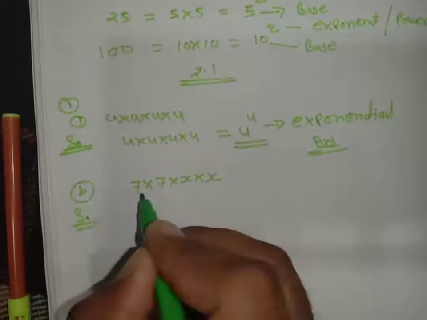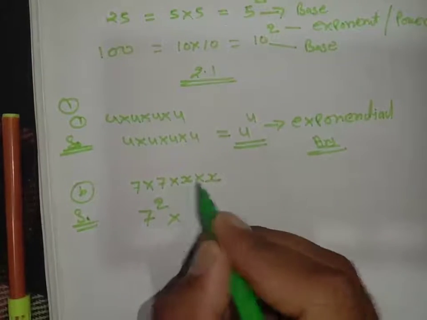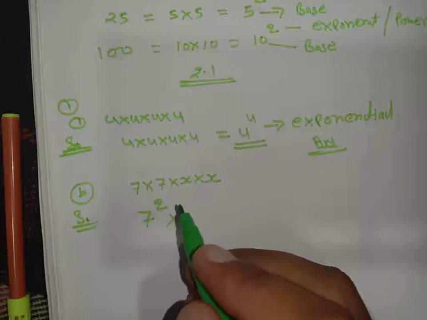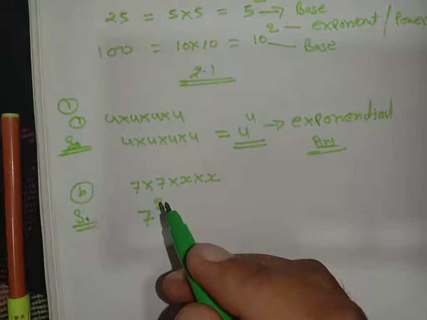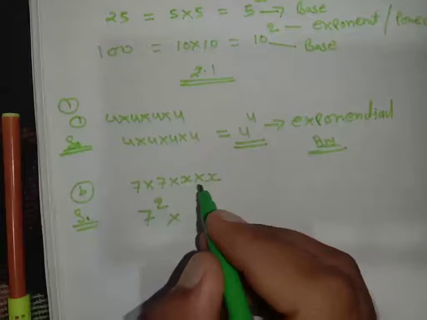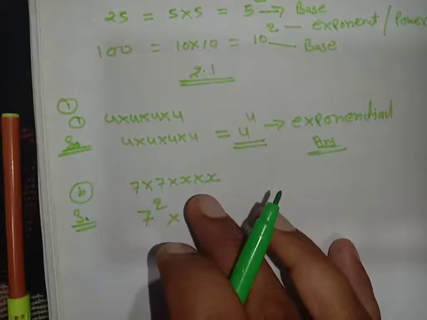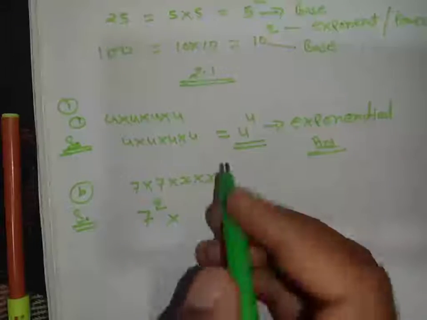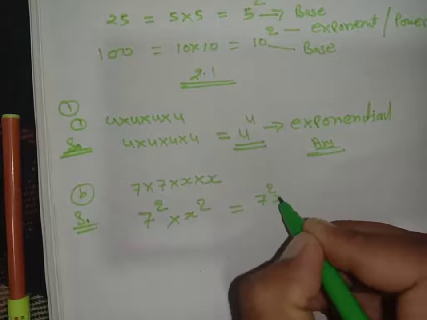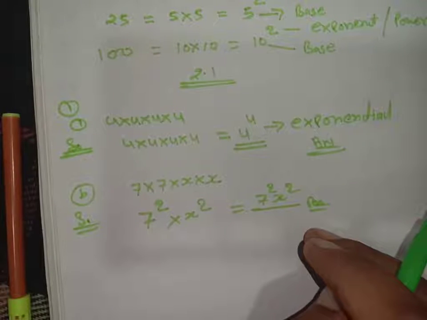Here 7 is a base and it appears 2 times, so 7 to the power 2 into x. 7 and x are two different things: 7 is a digit and x is an alphabet, so 7 to the power 2 and x to the power 2. This is the answer in exponential form.